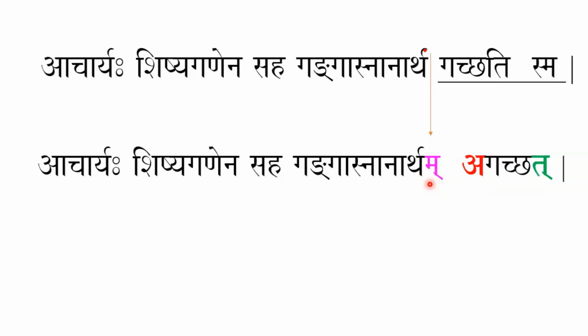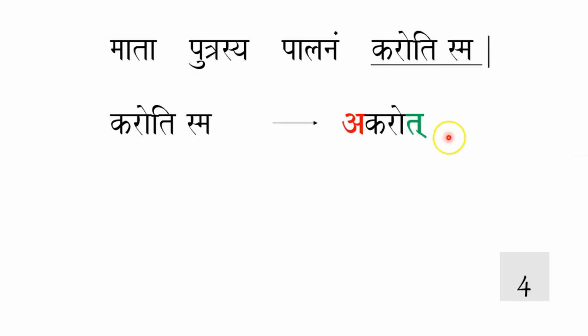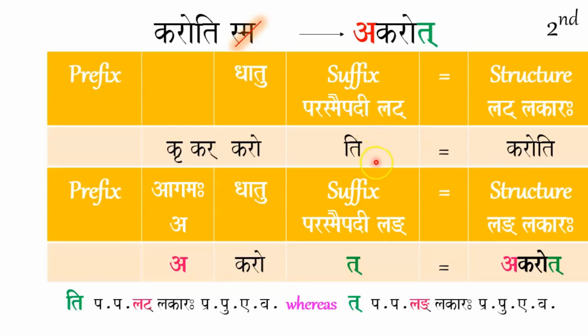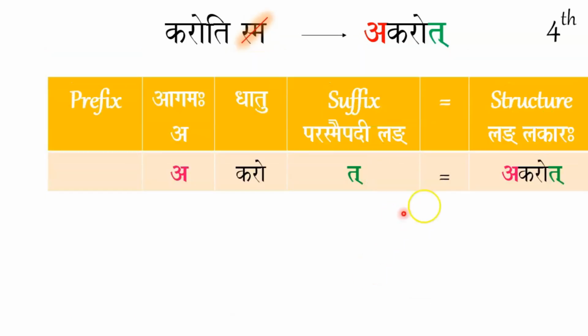Let's move on to our next example. Here, Karoti Sma becomes Akarot. First, Sma Avyayam is cancelled. After that, the ending present suffix ti is replaced by Halanta T in past. And then all words are brought together, which becomes Akarot.